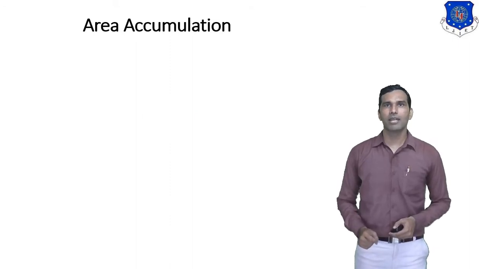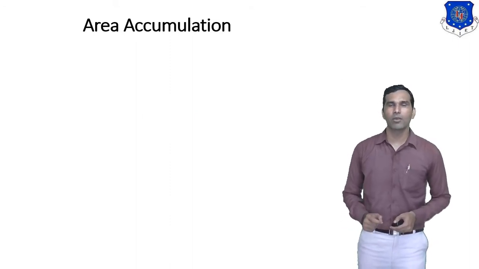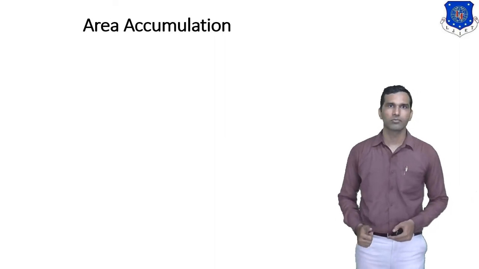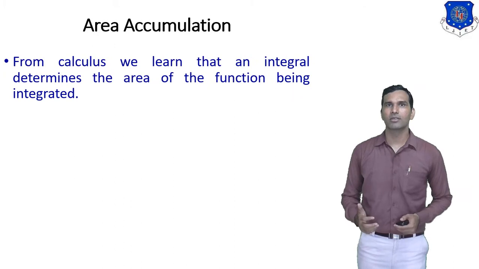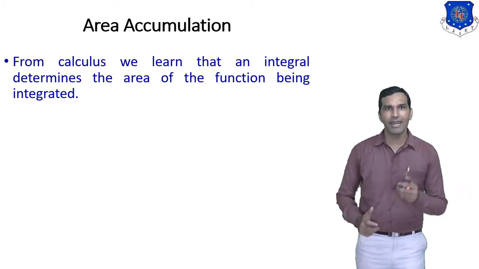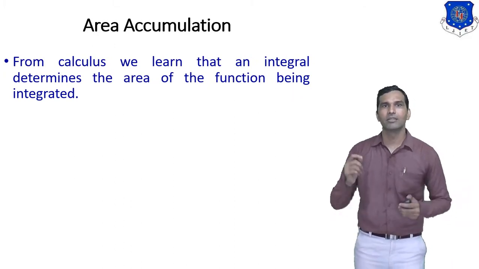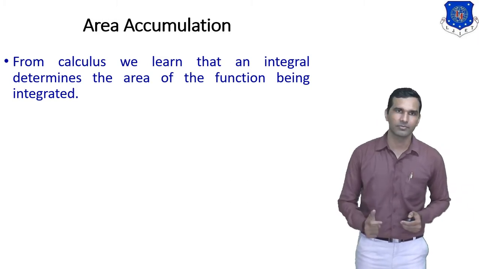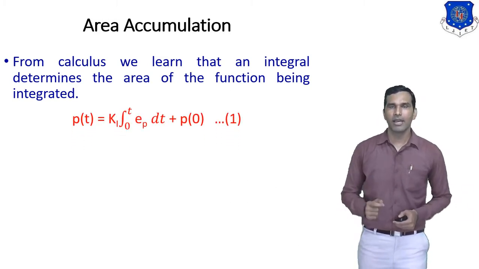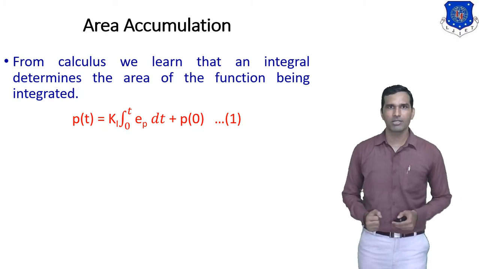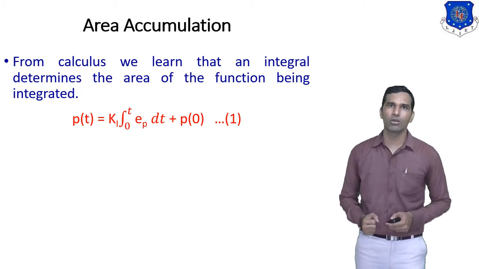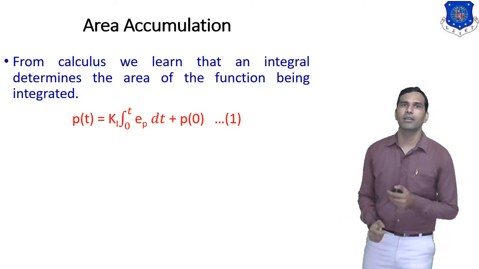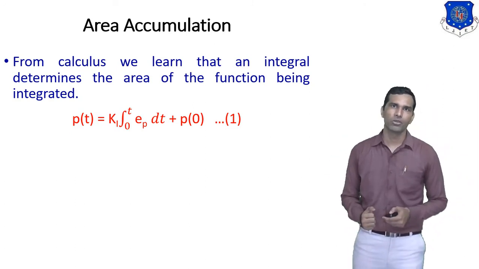Now we understand one term, area accumulation. So what is area accumulation? From calculus, we learned that an integral determines the area of the function being integrated. Here is our equation for the integral control mode: P(t) equals Ki integral of e_p dt plus P0.